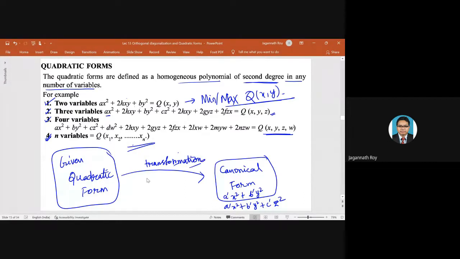So how is this related to the previous topic? Yeah, eigenvalues. It is also related to the symmetric matrix. And yeah, so these are actually called the sum of squares form.